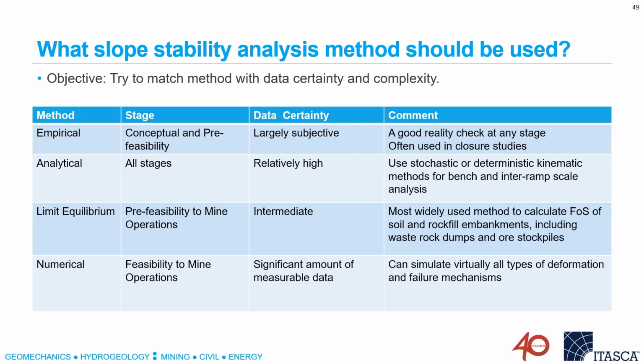You're not designing slopes that have 60-degree overall angles going for 1,500 meters high, because that's not physical. But these empirical methods are very often used for closure studies, because authorities like to see how things stack up against previous experiences. So they do get used in that way.